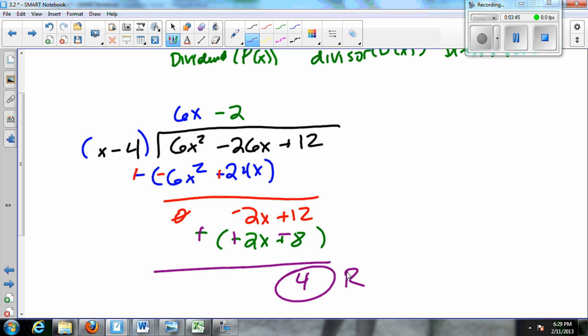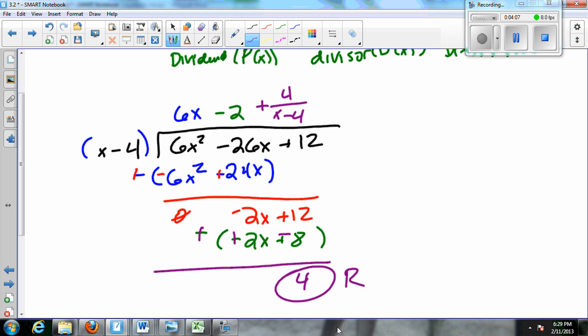So we write the remainder. If you were just finding the answer, you could just put plus 4 over what we divided by, x minus 4.